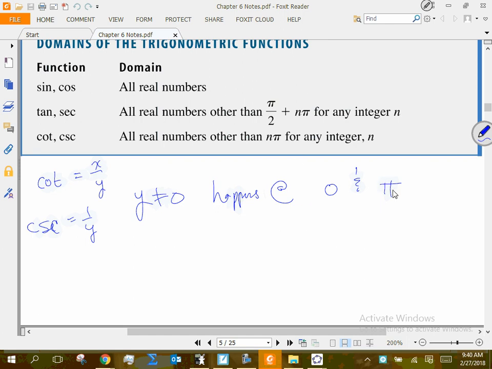And then what we can do, if I go from 0, I add to it pi to get pi, and then I add another pi to get 2 pi, and I can add pi again to get 3 pi, right? Would 3 pi be the same thing as pi? Or coterminal with pi? 3 pi is the same thing as pi. Add pi to that, I get 4 pi, which is the same thing as 0. Add pi to 4 pi and get 5 pi, which would be the same thing as pi.